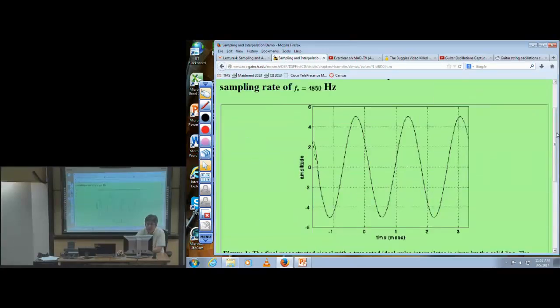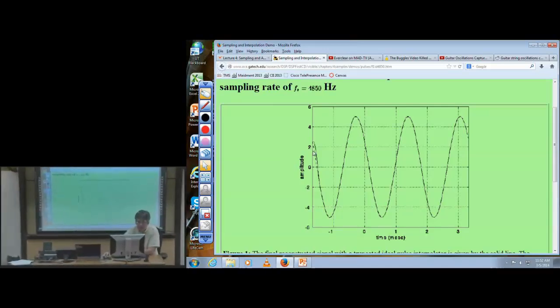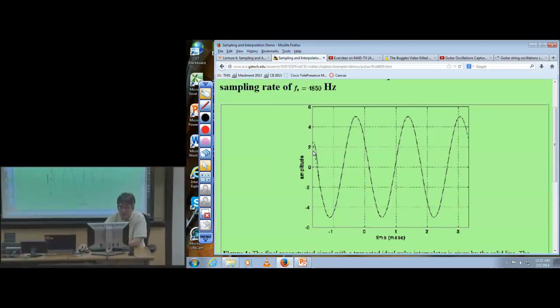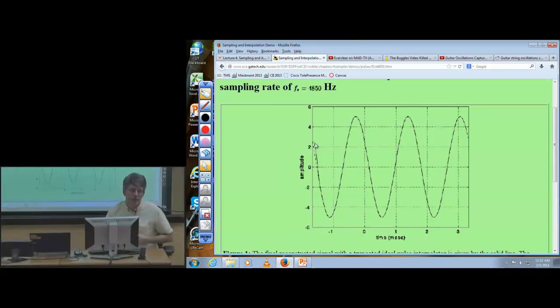Really, really good. Except, where's it missing? Early. What do you think that has to do with? There's no sample in the very beginning, and remember I'm applying a filter that has a truncated sinc impulse response, so what's happening here? Group delay, very good. That's the group delay in the filter. It takes a while to fully respond.